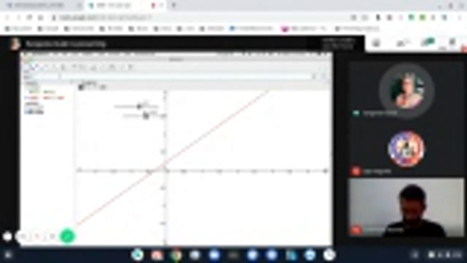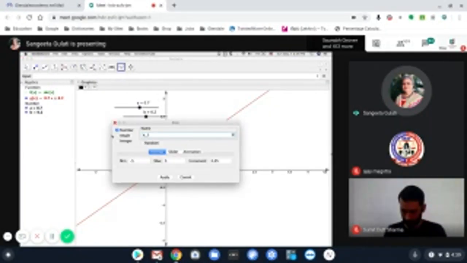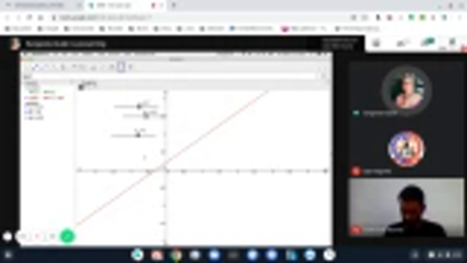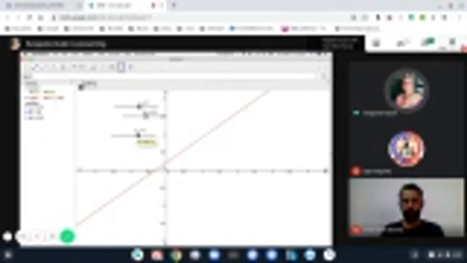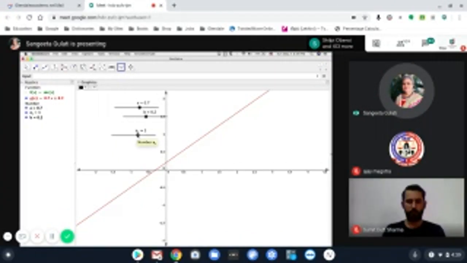By using the fact that I can have a1 x plus b1, and I can put these into the middle. So I write a, and I say underscore, and that will give me the subscript. Explore when they have infinite solutions or no solution. So those kinds of dynamic applets can be made using the feature of the slider.